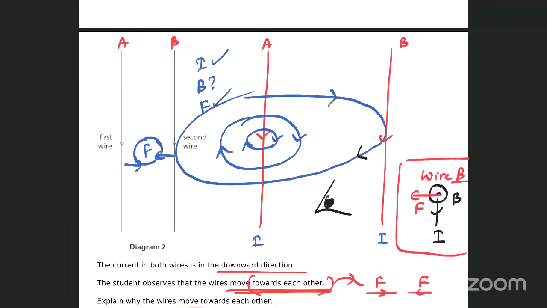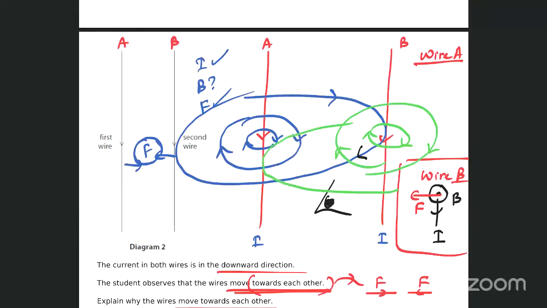Now we'll consider wire A. Once again, the magnetic field will be in this direction. Oh wait, no, the other way, sorry. The magnetic field will be in this way. There will be a magnetic field line because of B acting on A like this.